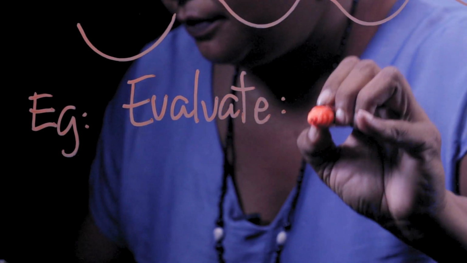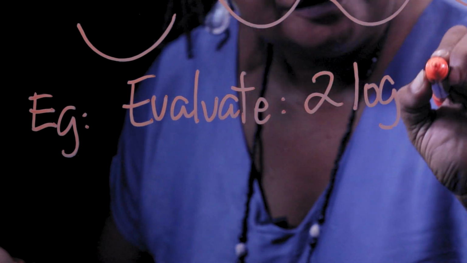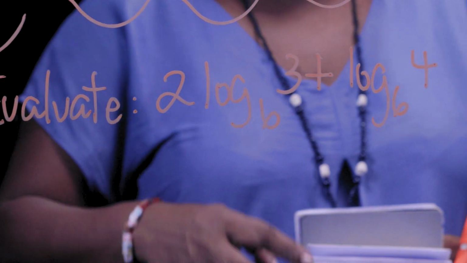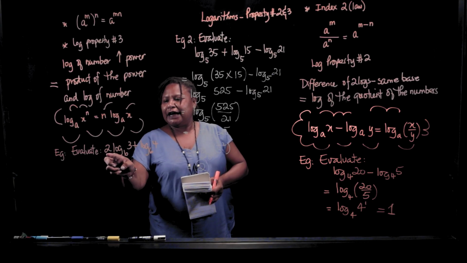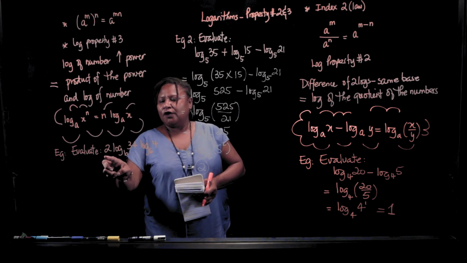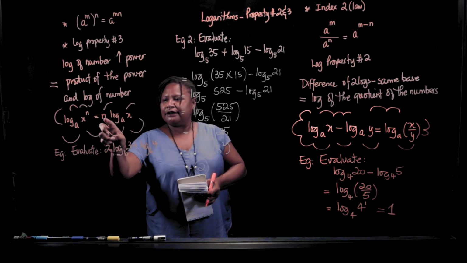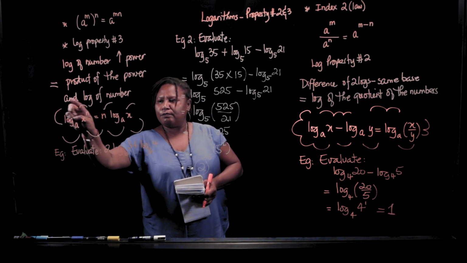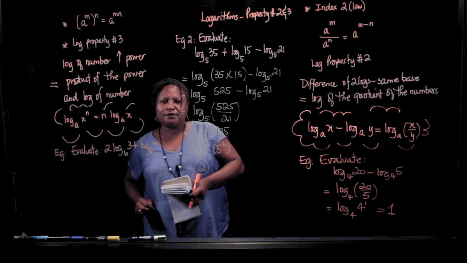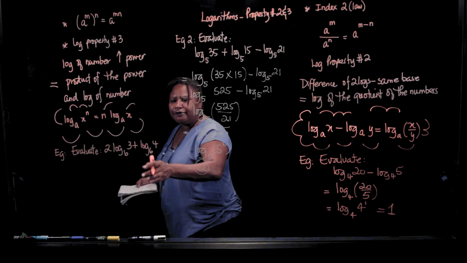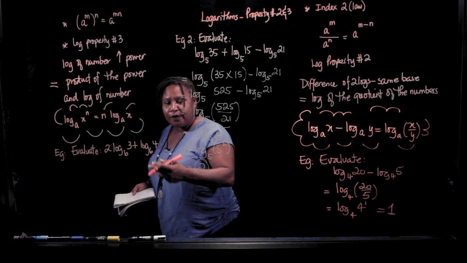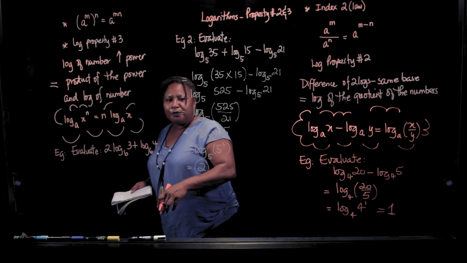Let's evaluate. Okay? Now this number here, already you should know n, that's the power from this log raised to that power. Okay, so we have to write this in the required form before we work it out.